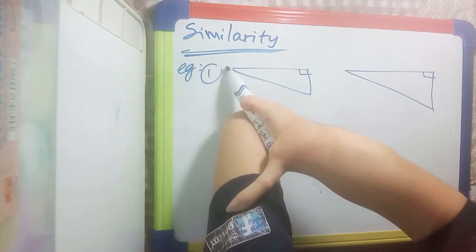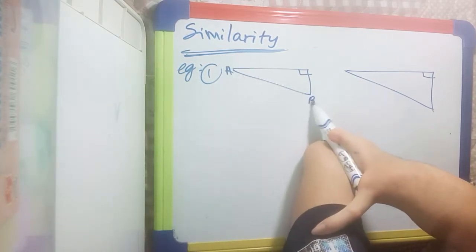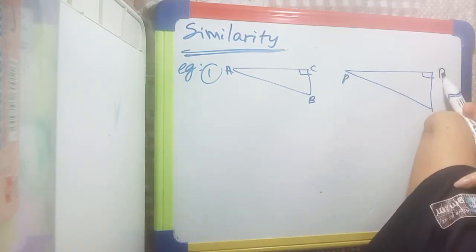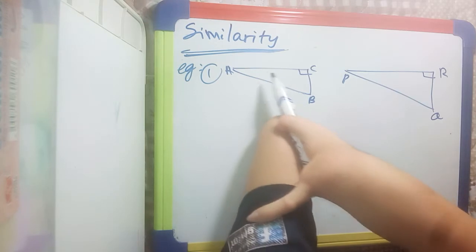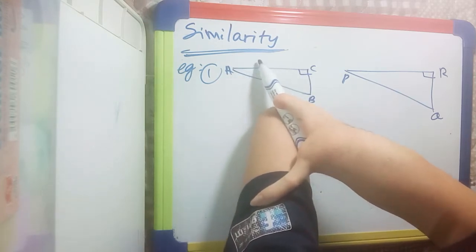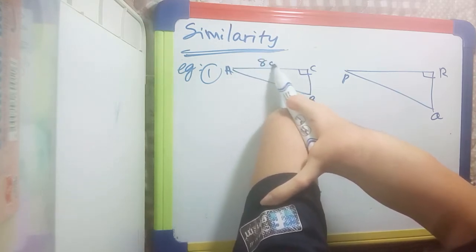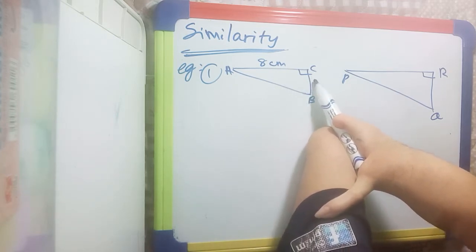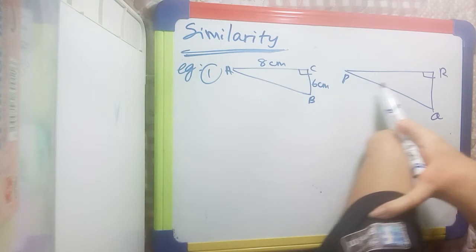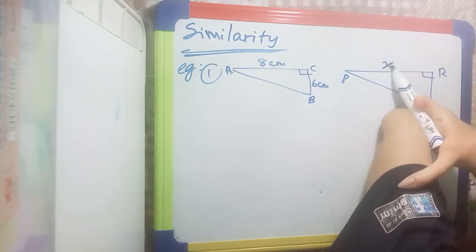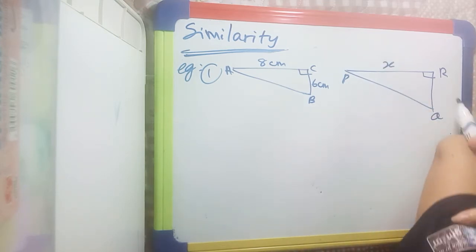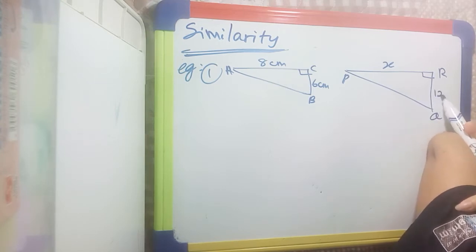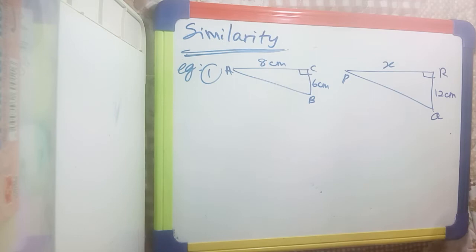Let's say this is ABC, this is PQR. The length from A to C is 8 cm. The length from C to B is, let's say, 6 cm. Then let's say here is X. Then let's say here is 12 cm.